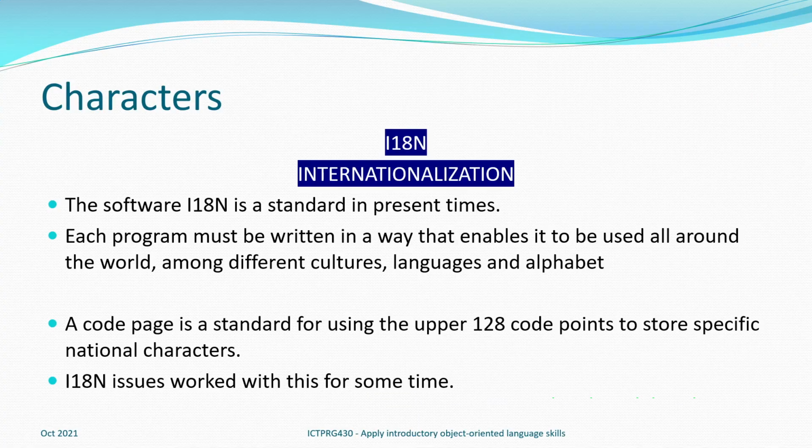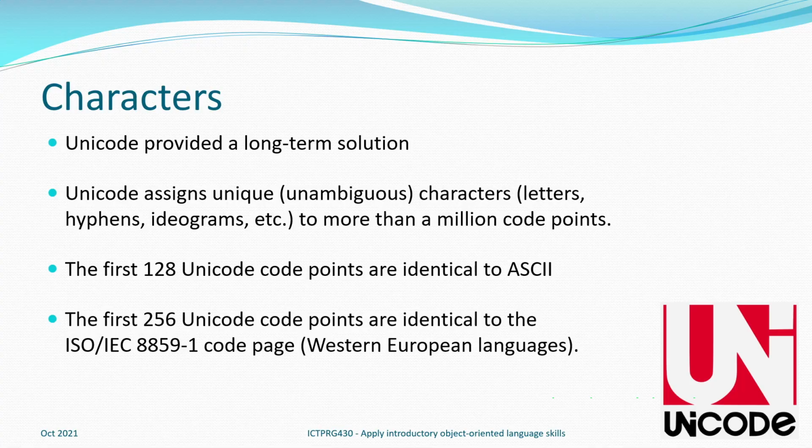Now, that's okay for good old English, but not so good for other languages. So the I18N, which is Internationalization, is a standard that enables us to use different character sets around the world, and a standard code page under this is 128 code points, and it's been around with us for a while.